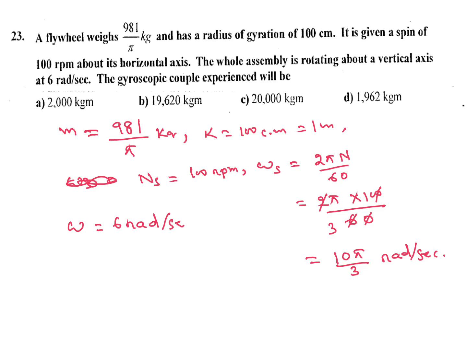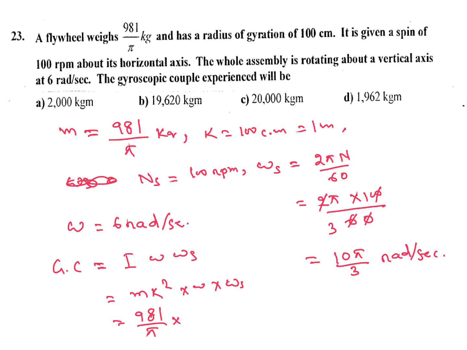Gyroscopic couple formula is I omega omega s. I is m k square, times omega into omega s. So mass is 981 by pi into k square, 1 square.